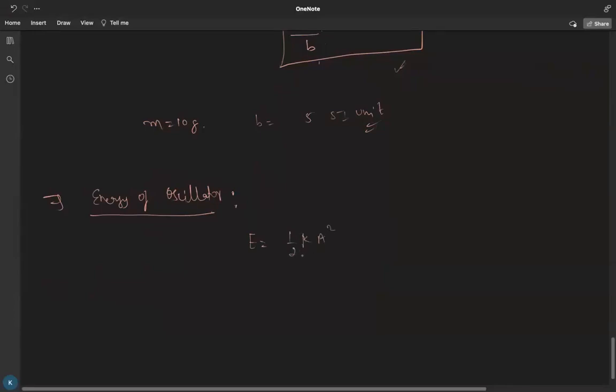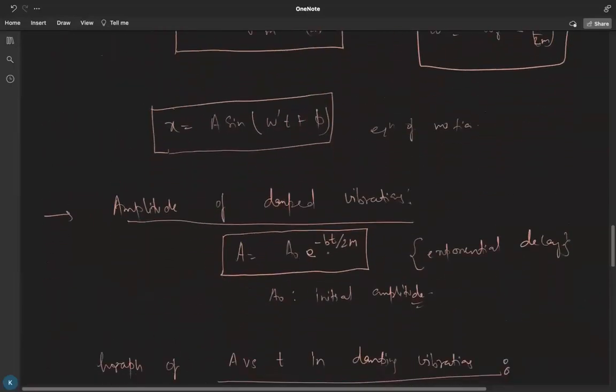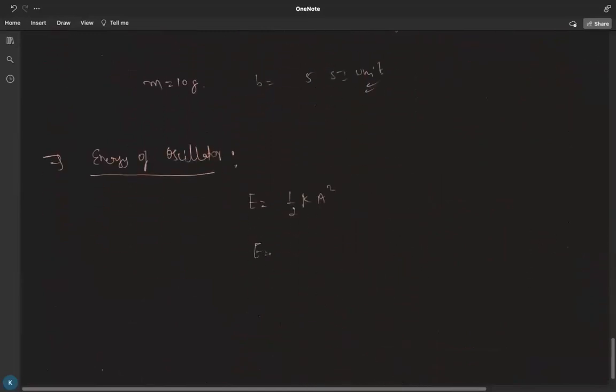Here the amplitude is varying, as we have the relation of amplitude A naught e to the power minus bt by 2m. So we can write E is equal to half K A naught e to the power minus bt by 2m whole square. When you do so, what do we get? We get E is equal to half K A naught square e to the power minus bt by m.